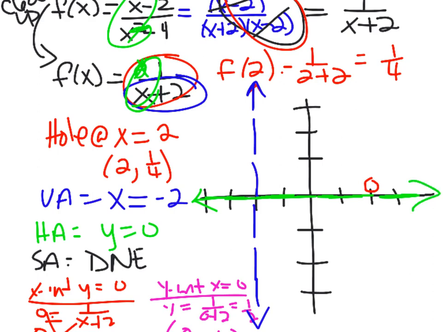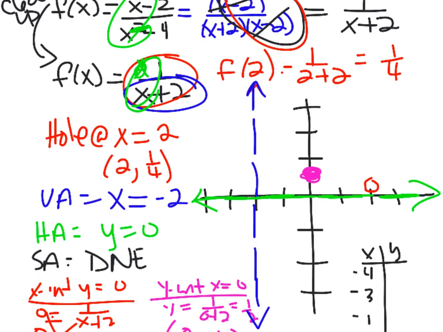Okay, and then I have a y-intercept at 0, 1/2, so that's about there. All right, so I make a table of values to find some other points. So in my table of values, I'm going to use -4, -3, -1, and 1 because I want to see what's going on.